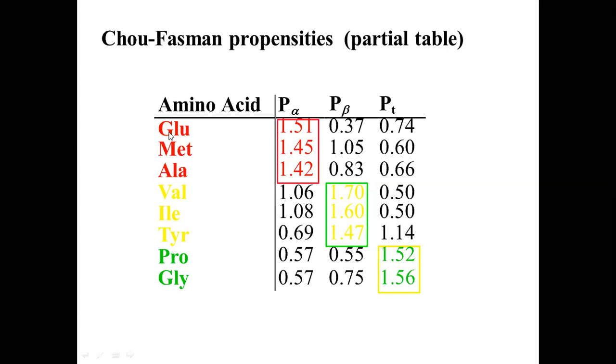You can see that this table has the derived values of X-ray crystallographic and NMR structures solved and placed in PDB or any other database. So it was calculated that for glutamate the alpha propensity value is 1.51, beta pleated sheet has 0.37 and turn has 0.74. So which one has the biggest value, Shanaziz?